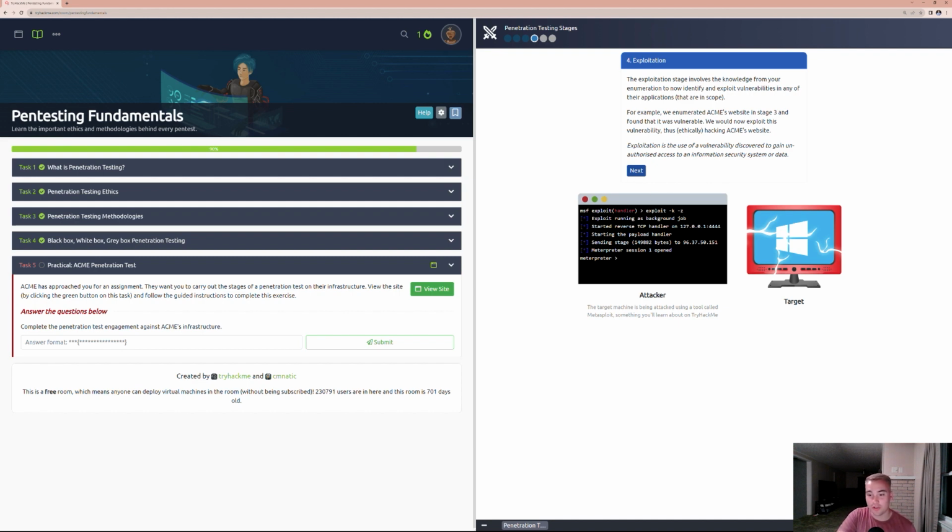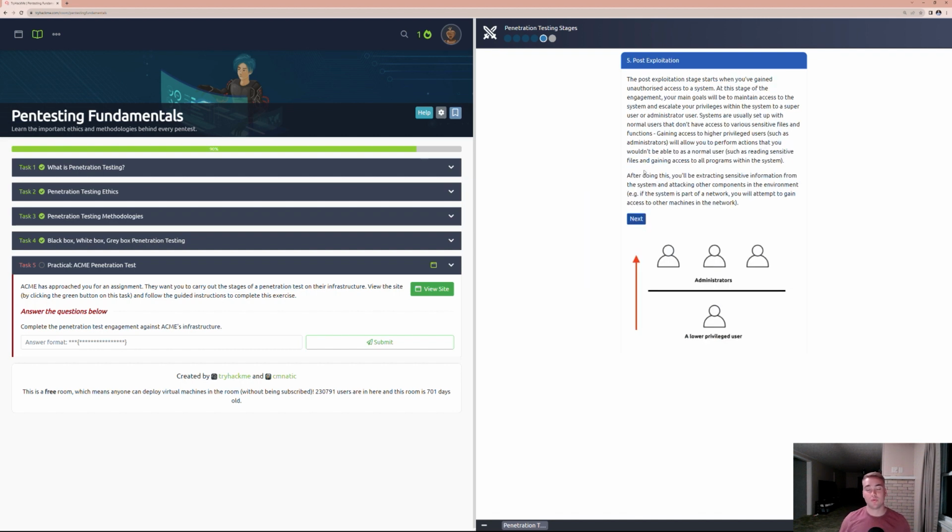So here we go. We just used Metasploit, and the exploitation stage involves knowledge from your enumeration, now to identify and exploit vulnerabilities in any of the applications that are in the scope. And so we figured out that their website was vulnerable in stage 3, and now we exploit the vulnerability using whatever Metasploit vulnerability we found, and we get into their website.